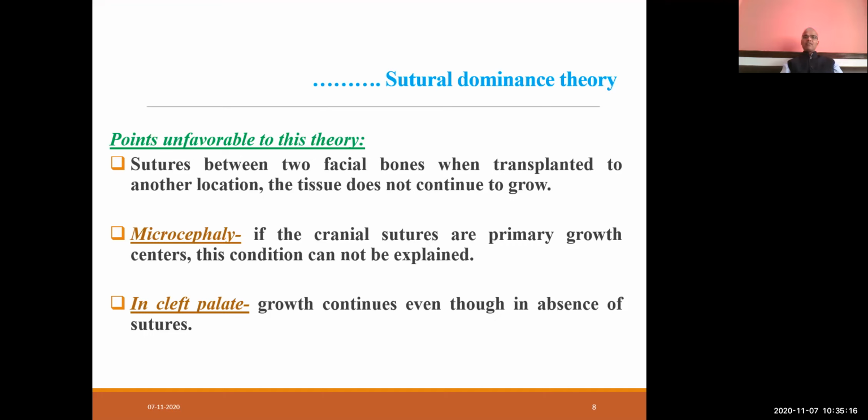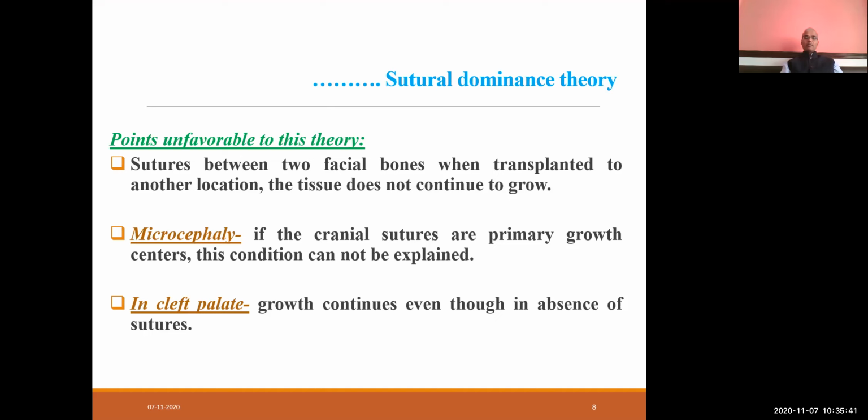Microcephaly: if the cranial sutures are primary growth centers, this condition cannot be explained. In microcephaly, the skull size is less. If sutures play a primary role, then the skull should grow, but it was not found.